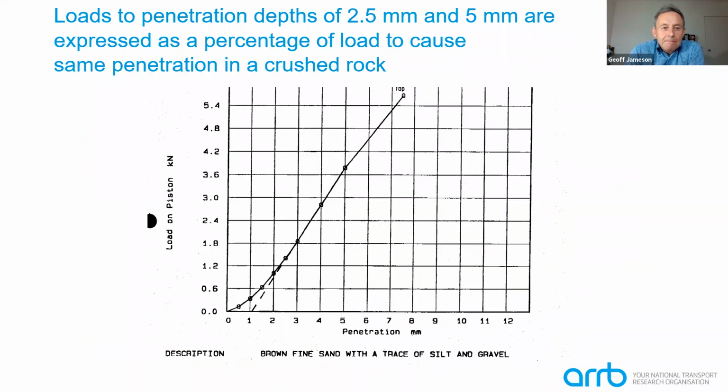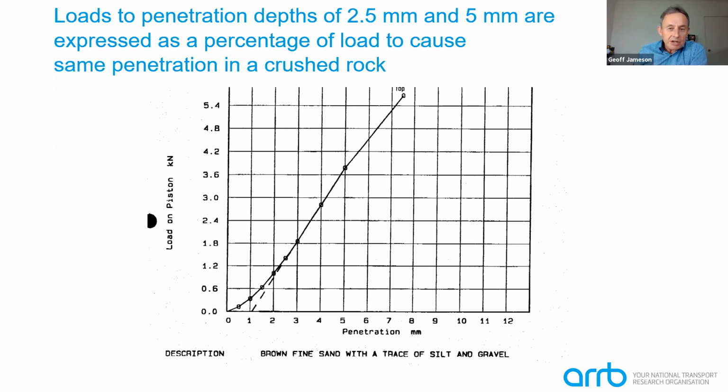So the loads are measured at 2 depths of penetration, and those loads are expressed as a percentage of the load for the same penetration required for a crushed rock. And the index test that was originally used was a Californian crushed rock. And so it's a percentage of those loads for a Californian crushed rock that is recorded as the value.